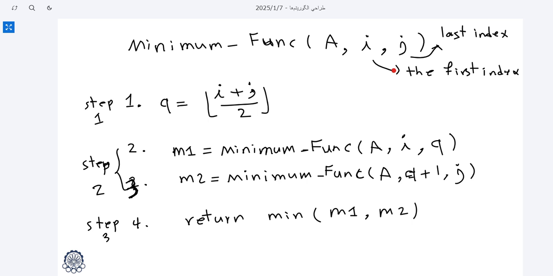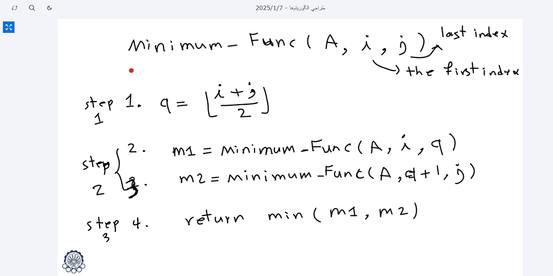I mean, in that subproblem, the first index and the last index will be equal. Okay, so if we reach that smallest subproblem, we do not continue recursive calls.